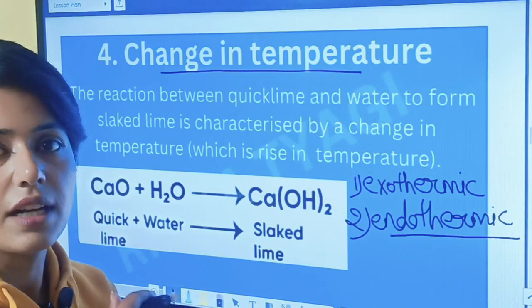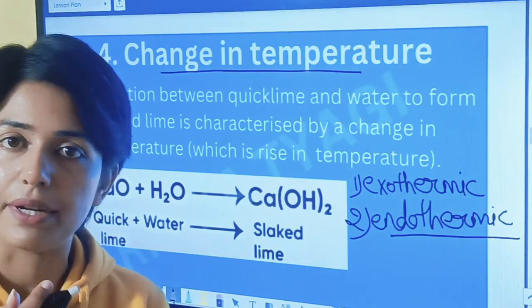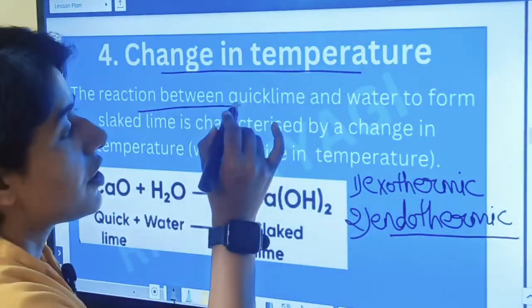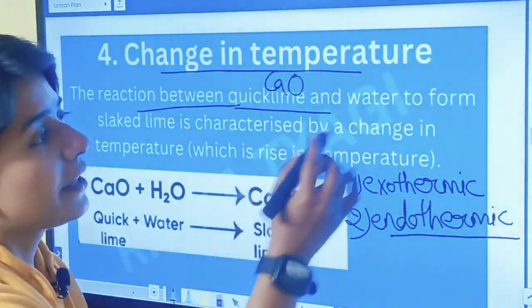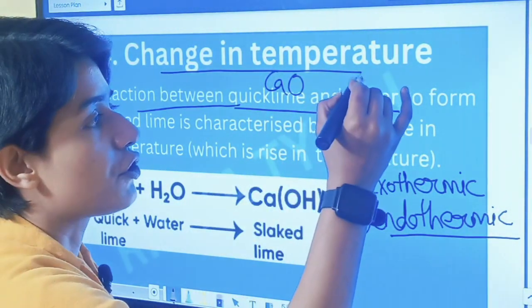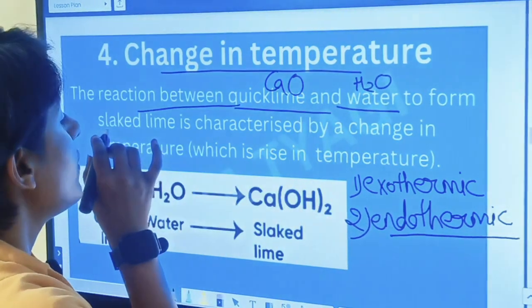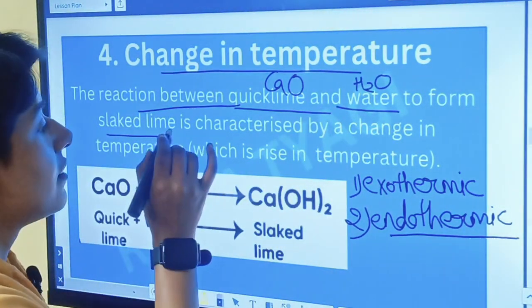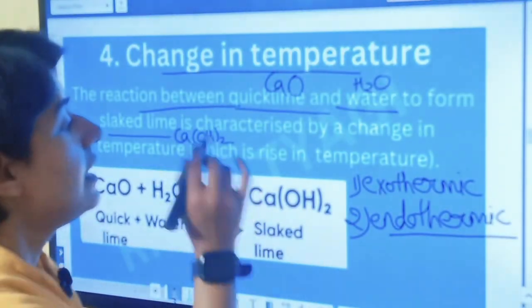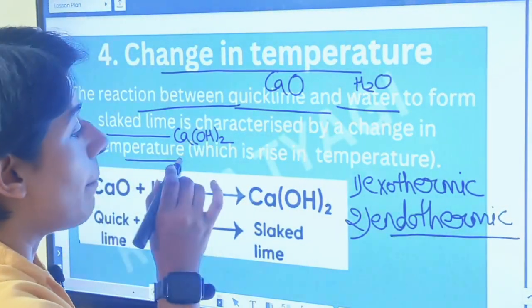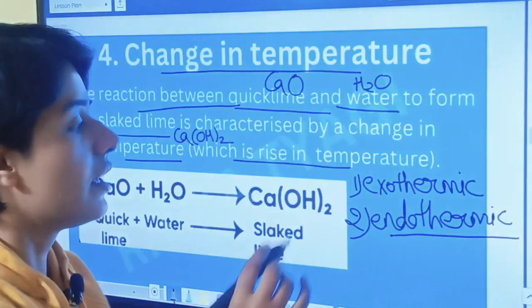Some chemical reactions are characterized by a change in temperature. For example, the reaction between quicklime, calcium oxide, and water, H2O, to form slaked lime. Slaked lime means Ca(OH)2, that is calcium hydroxide, and it is characterized by a rise in temperature.